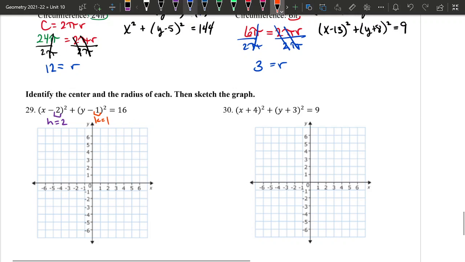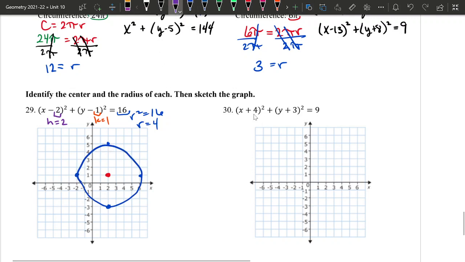So the center of my circle is at the point 2, 1. And then if 16 is r squared, then that means that r is 4. So 1, 2, 3, 4, and then I go up 4, and I go left 4, and down 4. And sketch a quick circle.